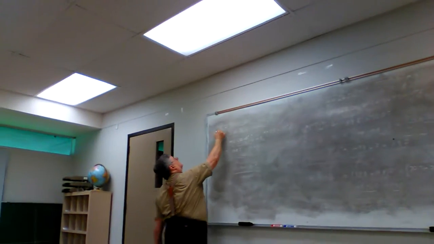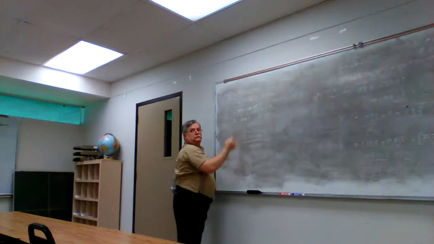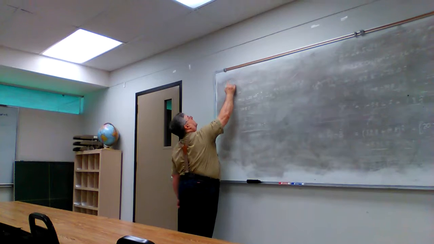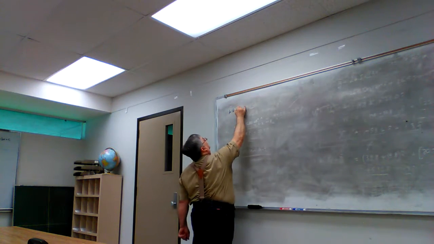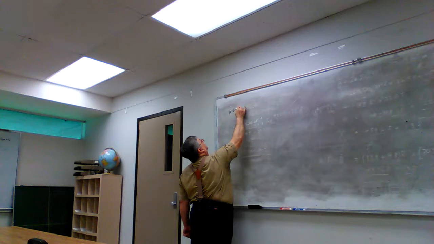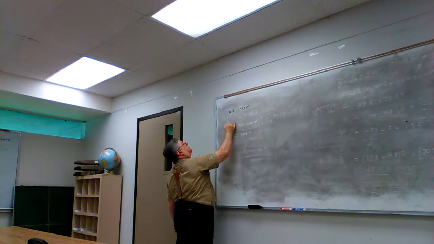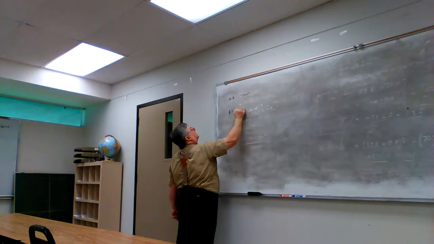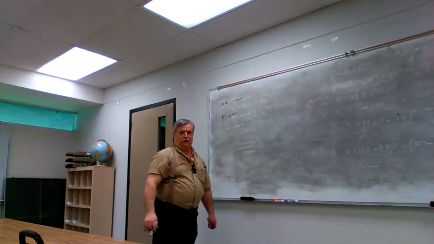Read the vector descriptions to me. What's the first vector? 6.6. Okay. And the second one is? Okay. 6.6 along the negative x-axis.